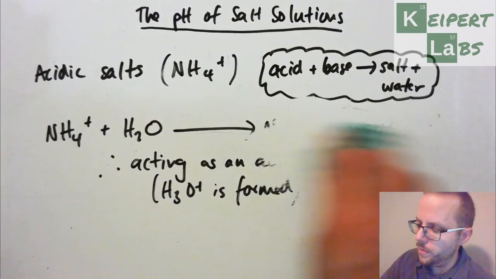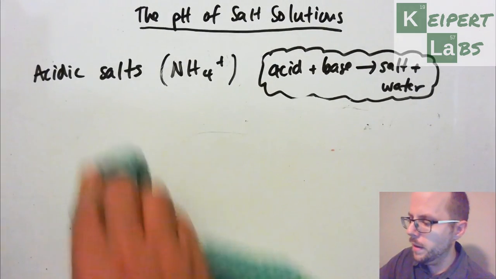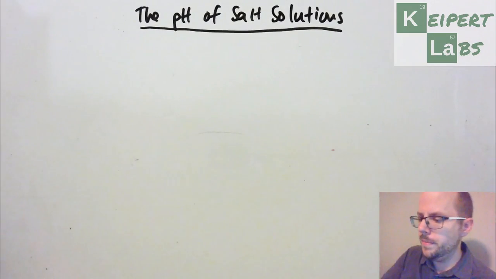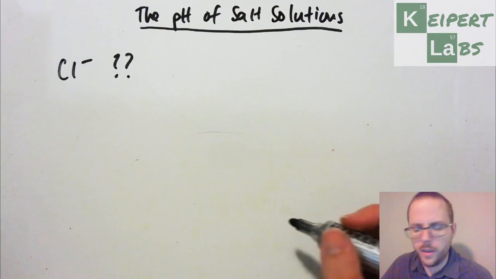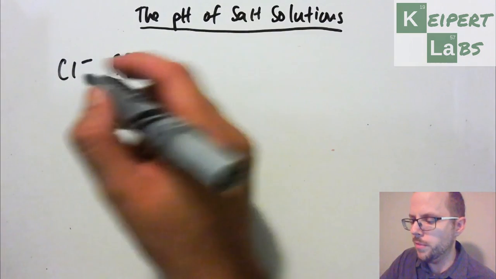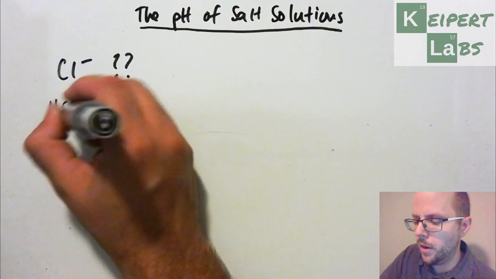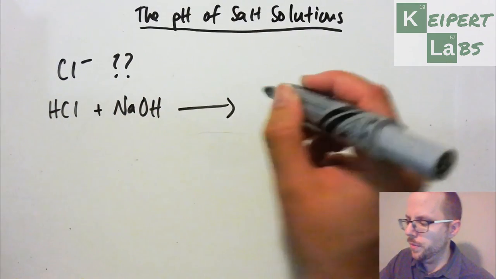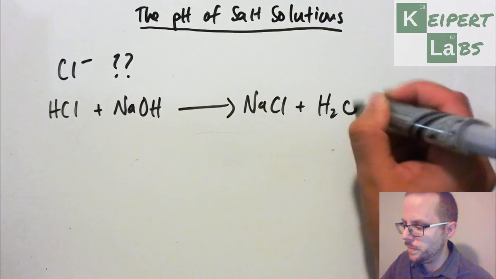Now, the thing we could then quite reasonably say is, all right, let's look at something like the chloride ion. What's the chloride ion going to do? We could just as easily say that the chloride ion is formed from that same type of acid-base reaction. Maybe we were talking about hydrochloric acid reacting with sodium hydroxide to form sodium chloride plus water.